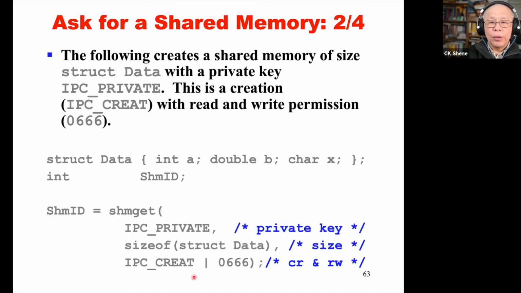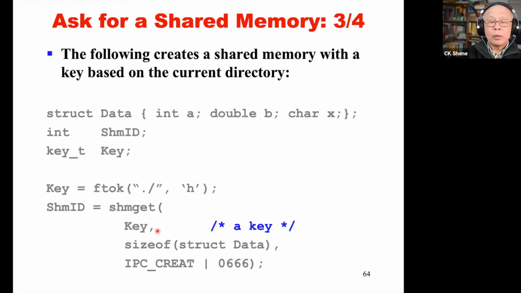And the third argument means I am going to create or allocate this shared memory. If the call to shared memory get is successful, shared memory get returns the shared memory ID stored here. So this is the use of the private key.